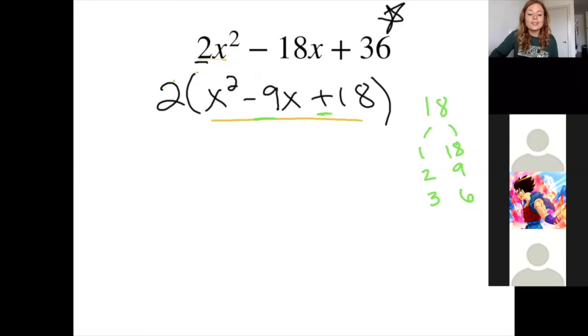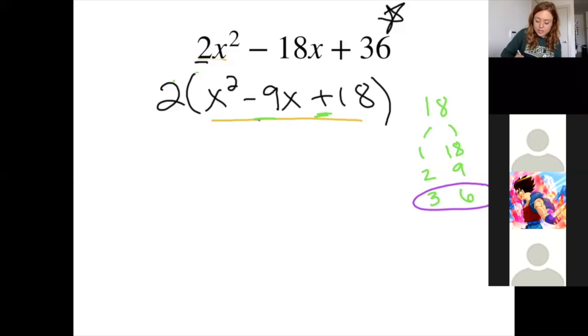Then we're ready to decide which of these factors, because this is positive, add to give me this 9. If we go through, 1 plus 18, nope. 2 plus 9, nope. 3 plus 6, that would give me 9.